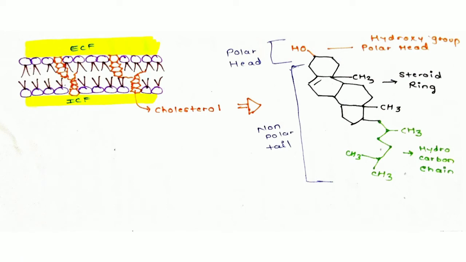So the polar region of cholesterol will be attached along the polar region of the phospholipid, and the non-polar region of cholesterol will be attached along the non-polar region of the phospholipids. Basically, you can say the polar head of the cholesterol appears on the liquid side of the cell, that is outside, and the tail of the cholesterol is inside, in between the polar heads.